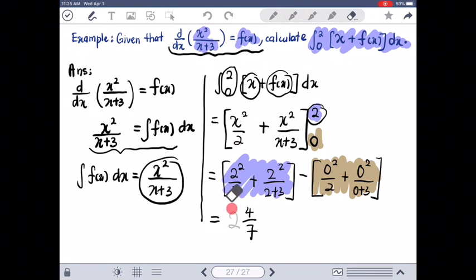So it's just, let me see, by calculator you should get 18 over 7, which is just equals to 2 4 over 7. So that is your final answer.